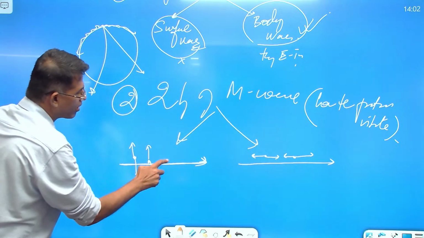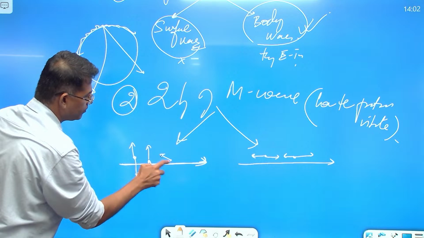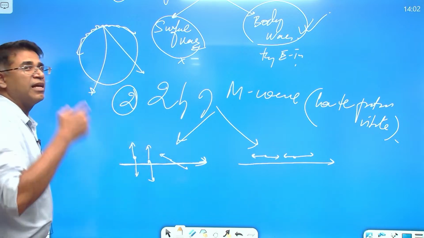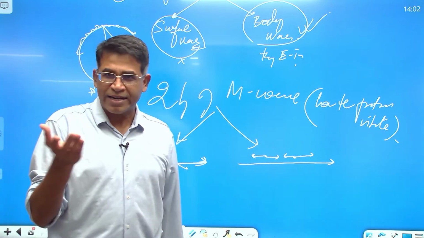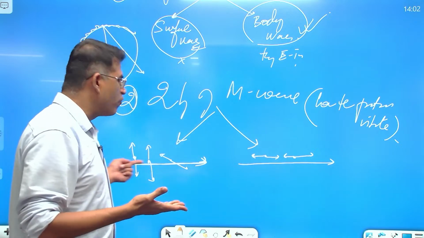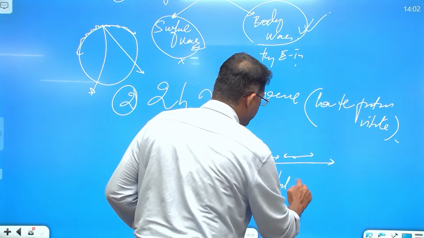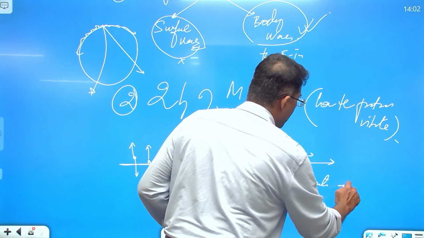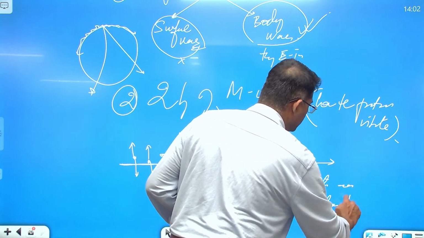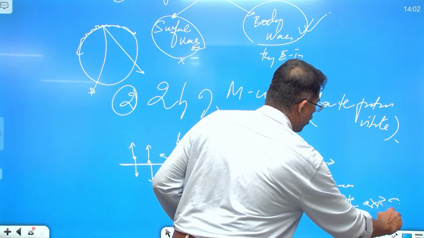In both cases, the vibrations are at 90 degrees to the moving energy. In this case, the vibration of the particles is along the axis of the energy.